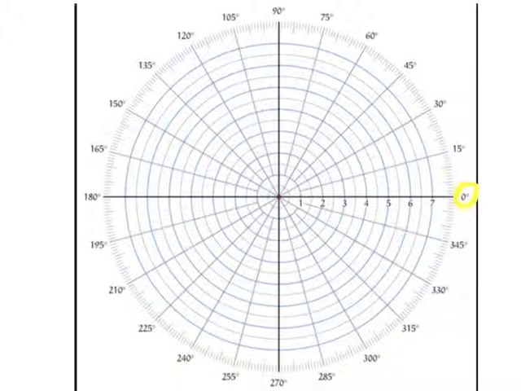So if you are going to graph an angle, and say you want to graph a 50-degree angle, I would start here, and I would start graphing up until I hit 50 degrees, which would be right about here, because these are counting by 5, so that would be 50 right there. And that would be my 50-degree angle.